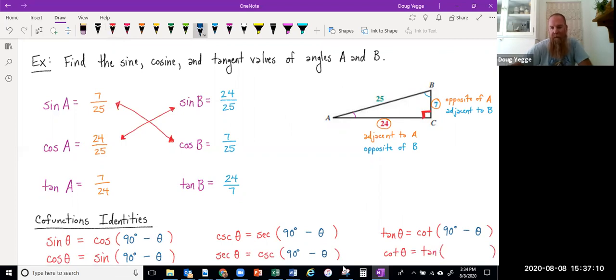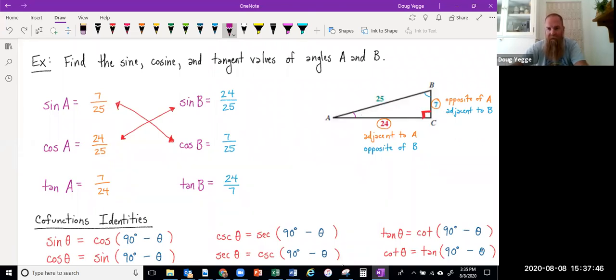So this first example was just a demonstration of how some of these ratios repeat themselves depending on what angle you're looking at. So I'd like to look at a more general representation of this in terms of how we typically label our triangles. I believe I mentioned this in a prior lesson as well, but anytime you have an angle, let's say angle A, the opposite side is always the lowercase of that counterpart.